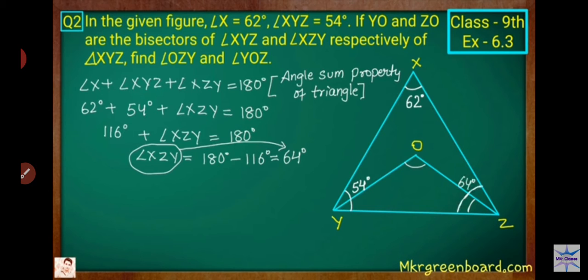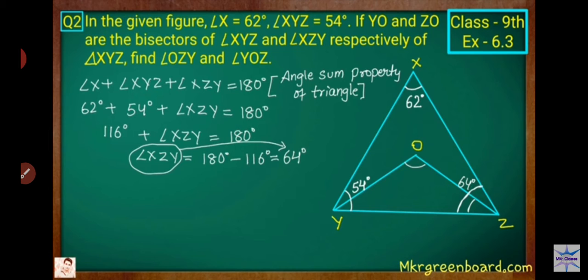And now what is given? See, YO and ZO are the bisectors of angle XYZ and angle XZY. If we know the full angle, then what is the bisector?